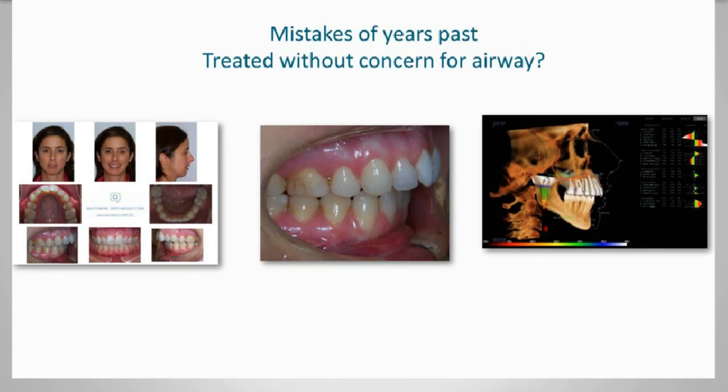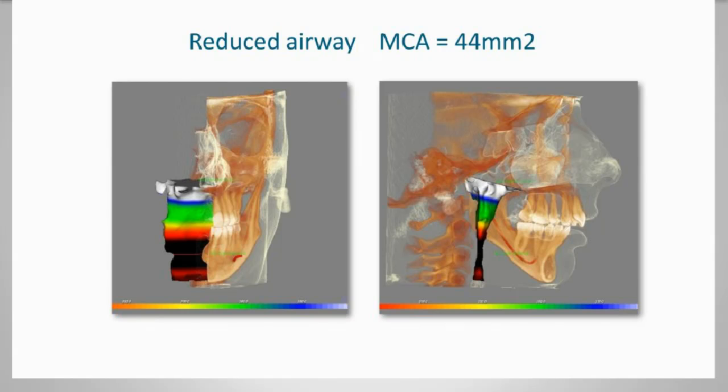So it's safe to say this patient was probably treated without regard to her airway. Again, not knocking everybody, just technological limitations at the time. But we are better positioned now, technology-wise. We know better from studies. We can see more. Patient has a very small pharyngeal airway in the black. No surprise, mandible is very retrognathic.